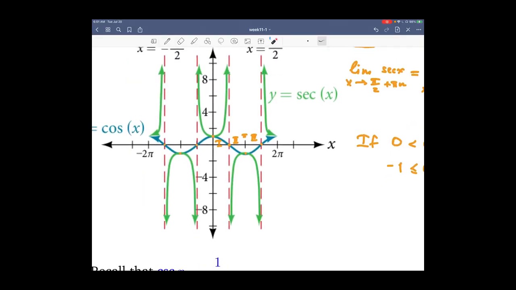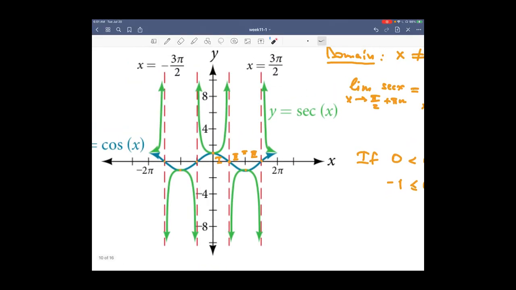Once we have secant drawn from -π/2 to 3π/2, we can extend it by periodicity. We know secant is 2π periodic. So you can copy paste this portion of the graph in either direction, and it'll give you the entire graph of secant x.